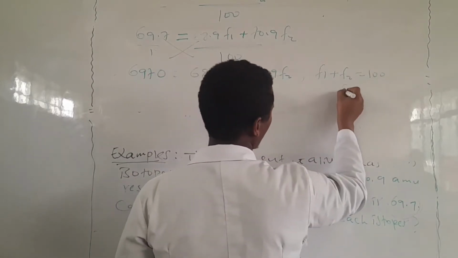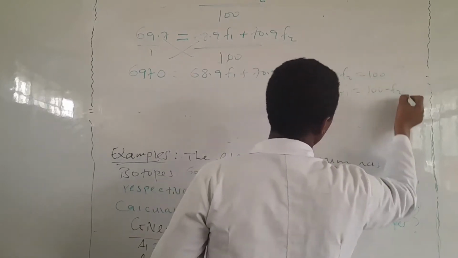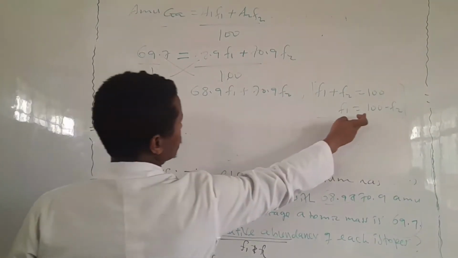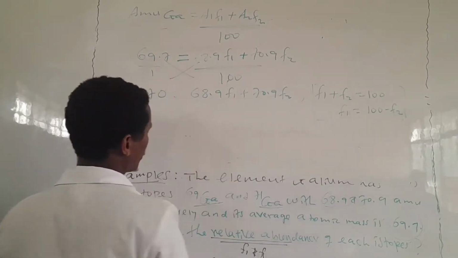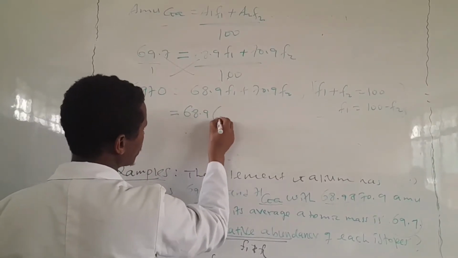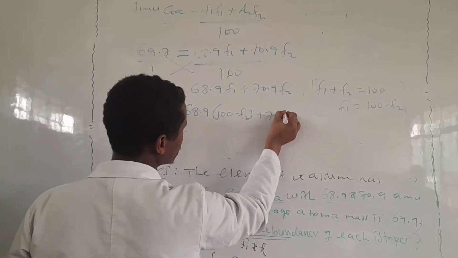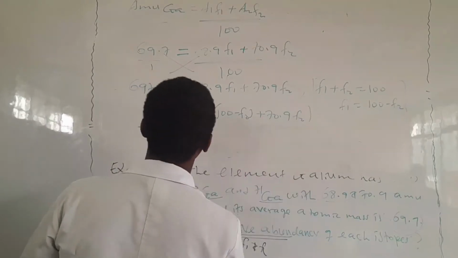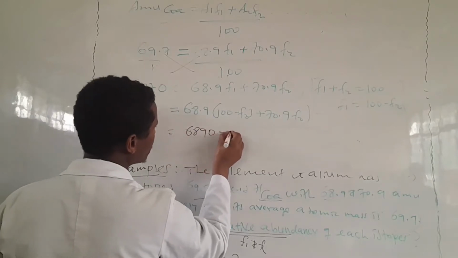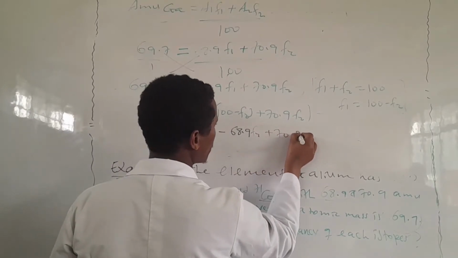This implies that F1 is equal to 100 minus F2. You can use this representation in the formula and substitute 100 minus F2 in terms of F1, which equals 68.9 times (100 minus F2) plus 70.9 F2, which equals 6890 minus 68.9 F2 plus 70.9 F2.